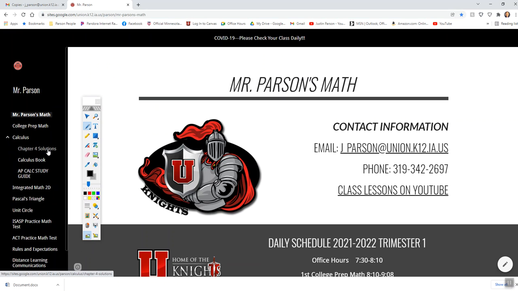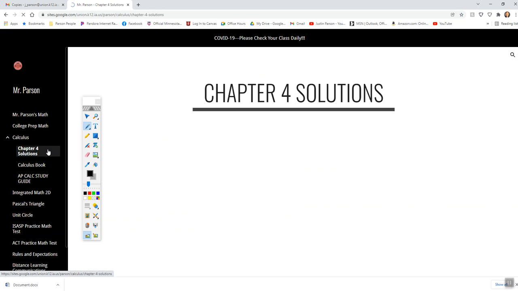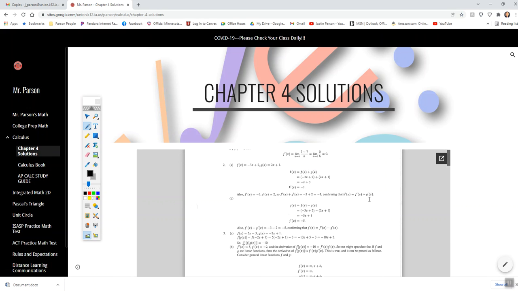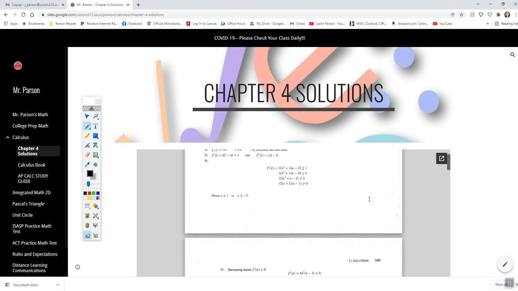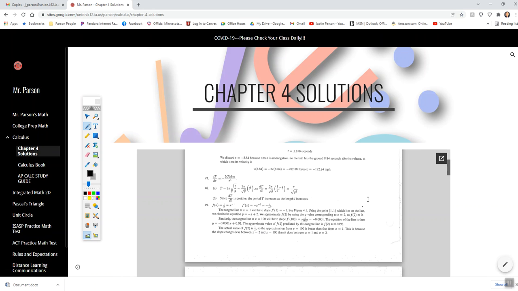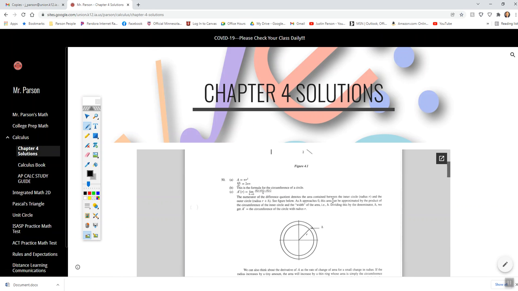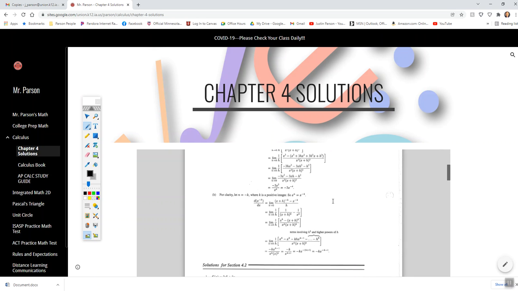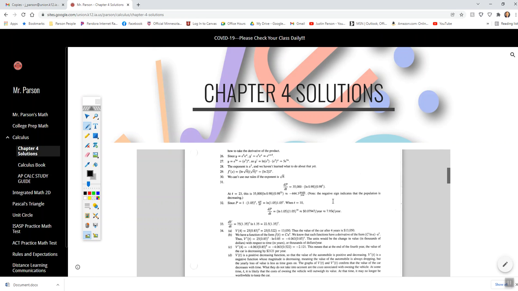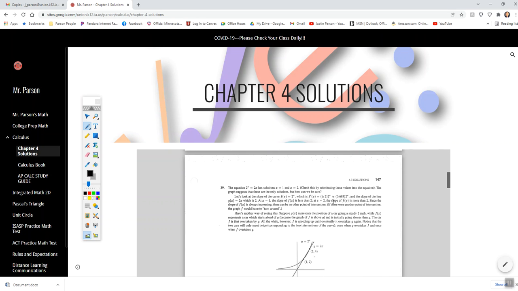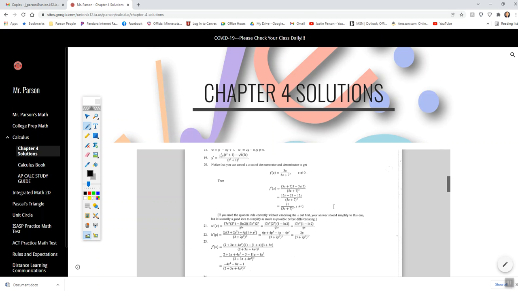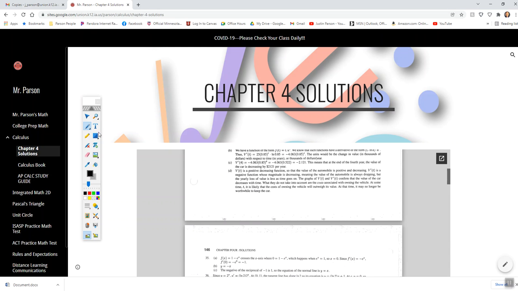See where it says Chapter 4 Solutions? Just got to find the right section. Okay, so they're in there for you now, if you want to check them, okay? Make sense to everybody? And I like these, again, I don't want you to just copy them down and get them done to get points, but they're there to make sure you know you're on the right track, or if you get stuck somewhere, because I know what's going to happen, okay?